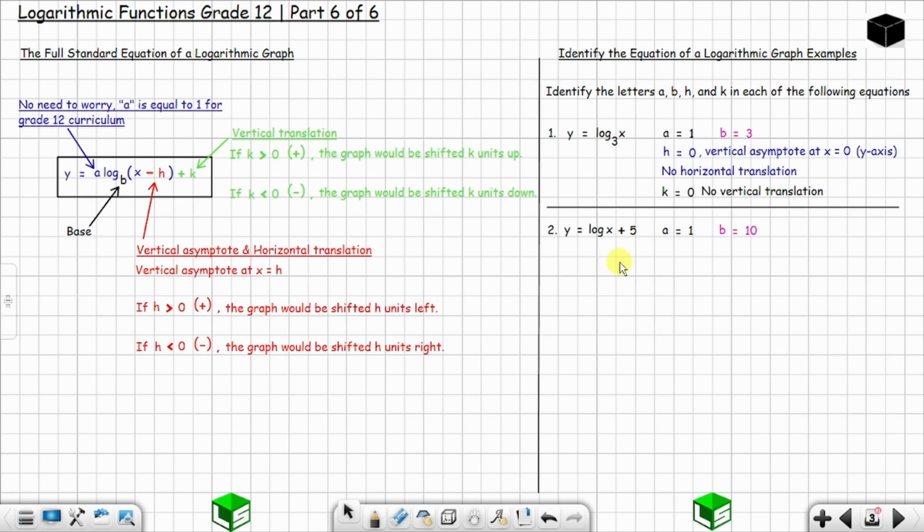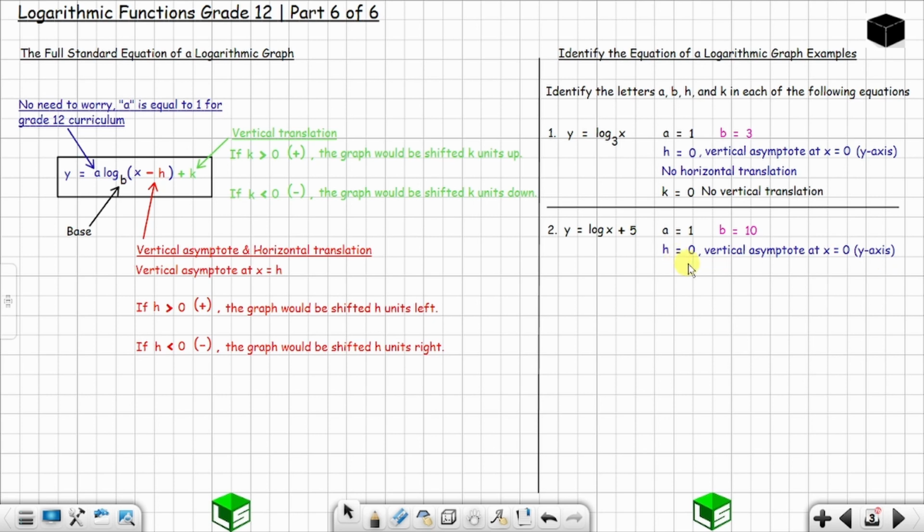And now what is h equal to? You can see h is equal to 0. h is always written in brackets together with x, but you don't have anything there, so h is equal to 0. Again, the vertical asymptote is at x is equal to 0, and this is the y-axis.